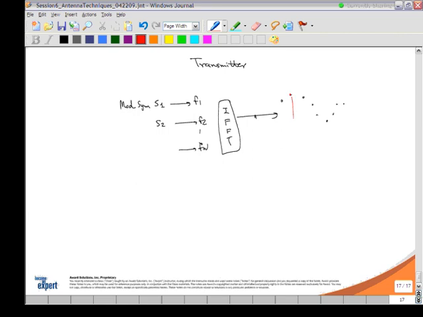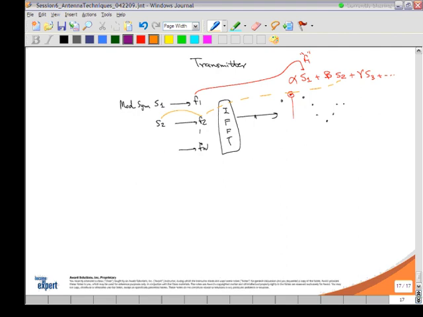So let's pick this sample. It would be, let's say, alpha times S1 plus beta times S2 plus gamma times S3 and so on. These are complex numbers. S1 is of course on the F1 subcarrier, S2 is on F2.